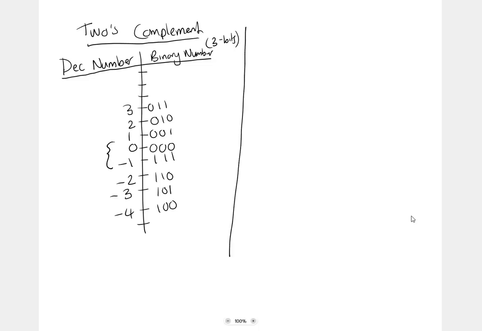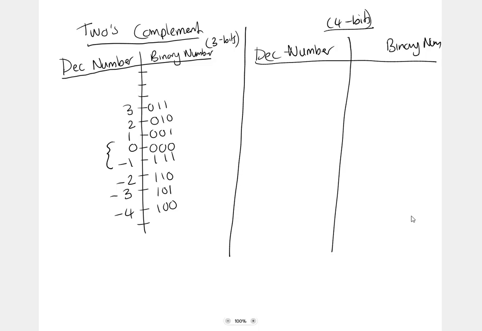Okay, so let's look at this using 4 bits. So now we've got the decimal number and we've got the binary number, and let's get the number line sorted. So there's going to be 16 here, right?